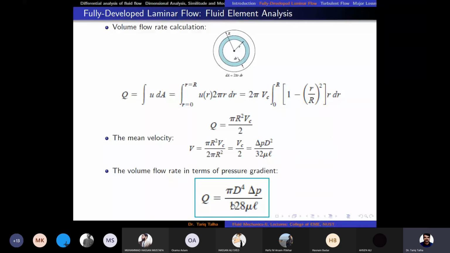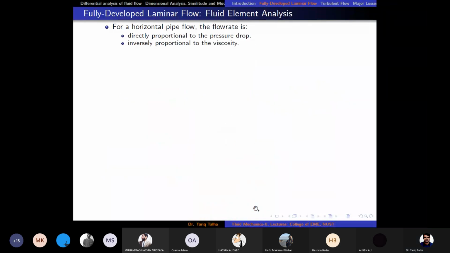So that is the fourth power relation of Q with the diameter, directly proportional to delta P and inversely proportional to mu and L. This was the derivation we did for the horizontal pipes.